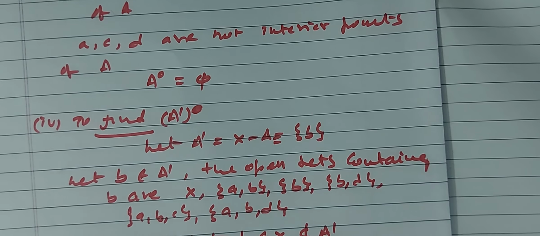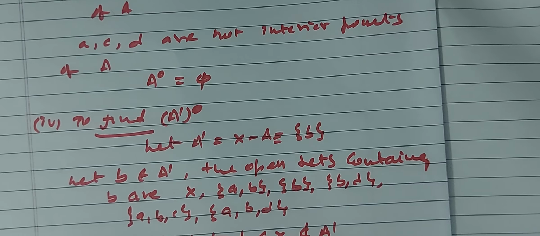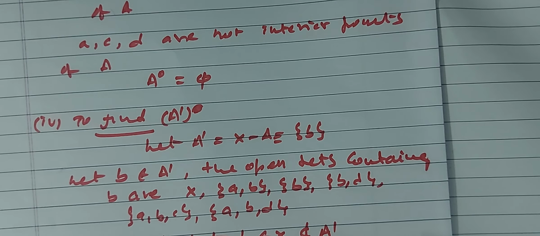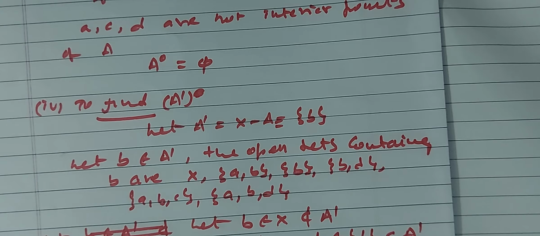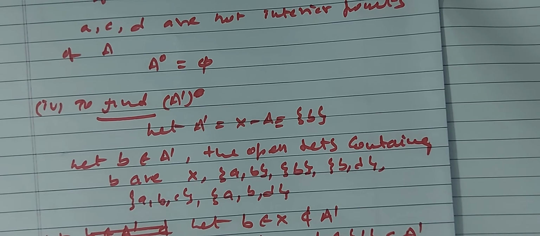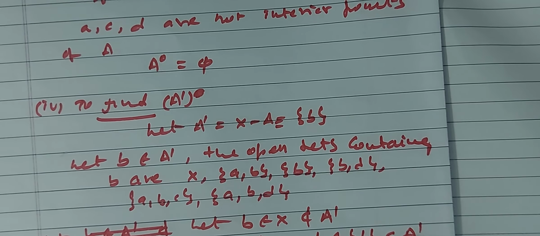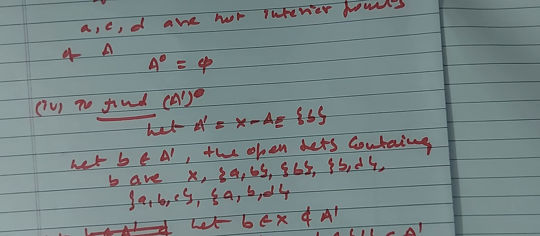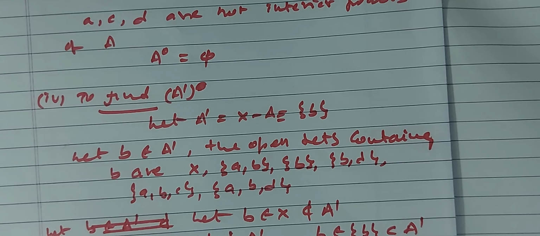Next, B belongs to the set {B}, which is a subset of A dash.